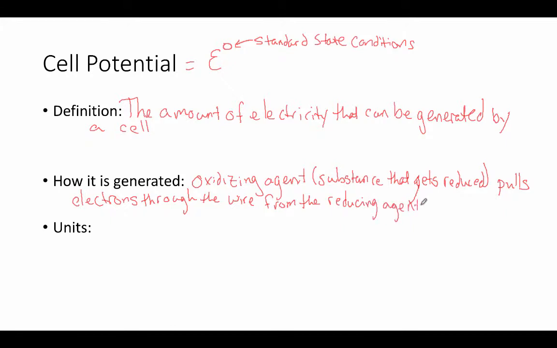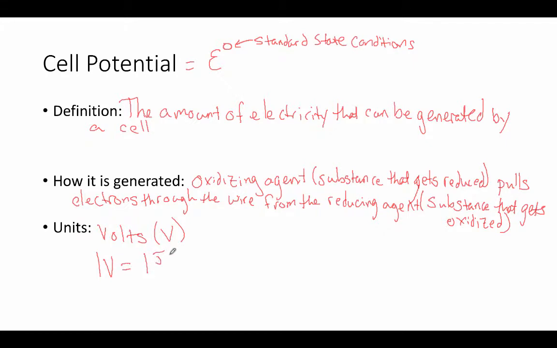And that reducing agent is the substance that gets oxidized. We measure this electrical amount in volts, represented with a V. Something that's going to help us later on is that 1 volt is equal to 1 joule per coulomb.